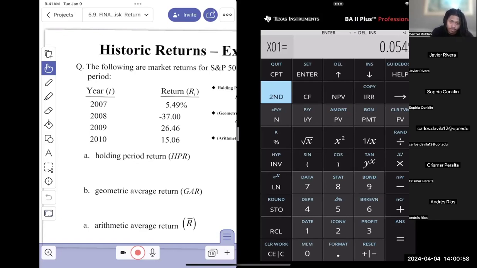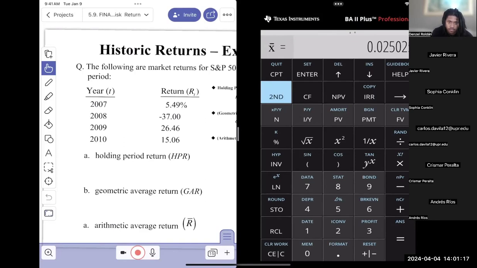So I have all my data here. And compute second stat. There are 4 observations. Here's the mean.